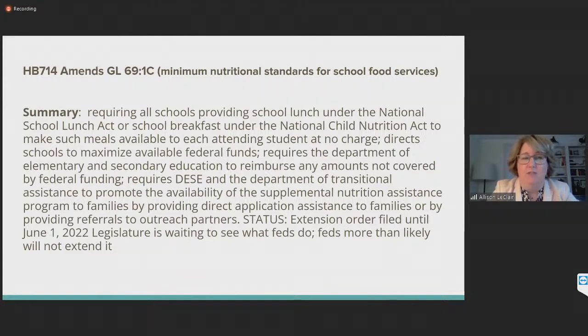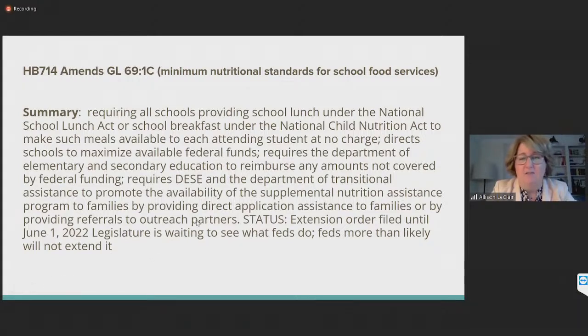It directs schools to maximize available federal funds, requires the Department of Elementary and Secondary Education to reimburse any amounts not covered by federal funding, and requires DESE and the Department of Transitional Assistance to promote the availability of the Supplemental Nutrition Assistance Program to families by providing direct application assistance to any families that need it.